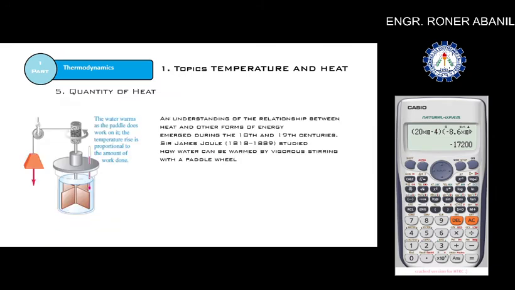Okay? So, nakita niya na the paddle wheel adds energy to the water by doing work on it. Sabi niya, kapag yung paddle wheel daw ay inikot ng inikot, yung tubig sa loob ay umiinit.